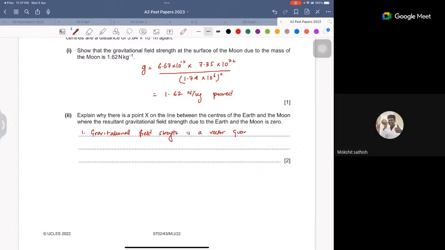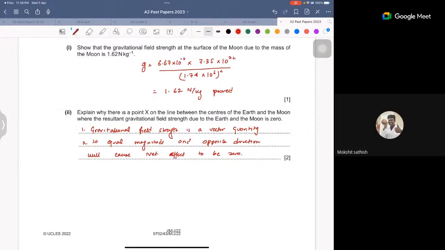Okay, so equal magnitude and opposite direction. If you write this, it will give you 2 marks. Opposite direction will cause the net effect to be 0. So that's what you were talking about, the null point actually.